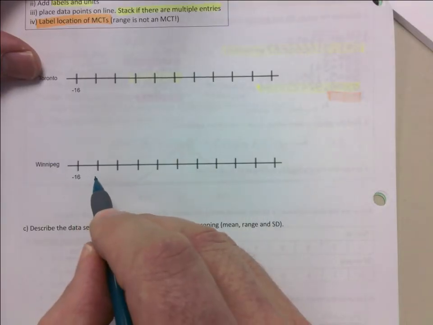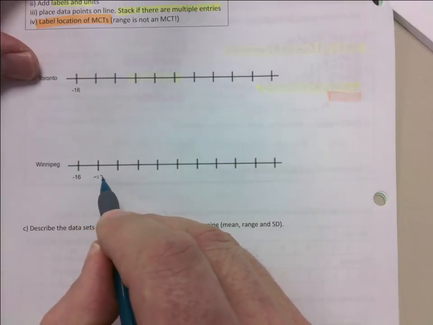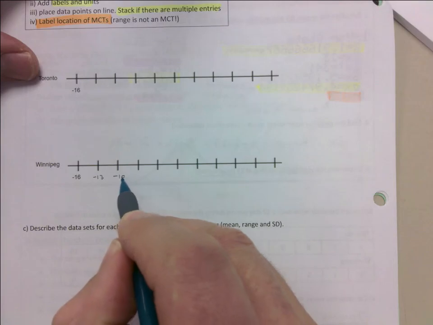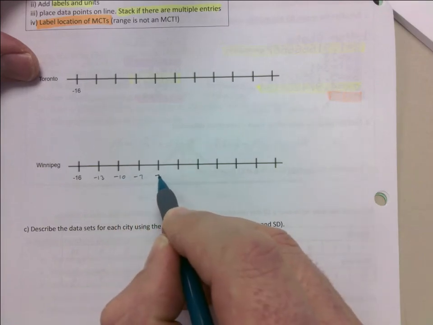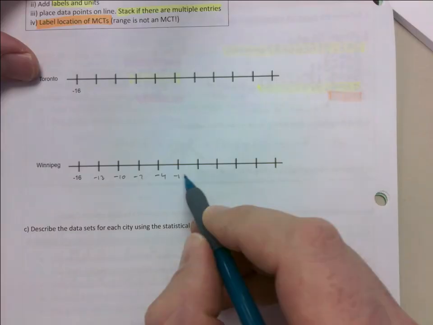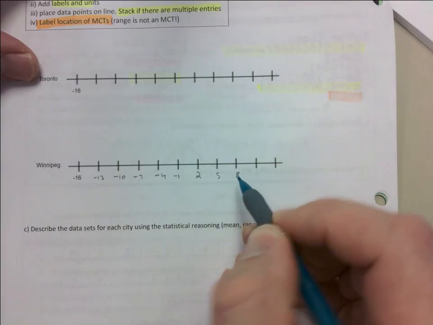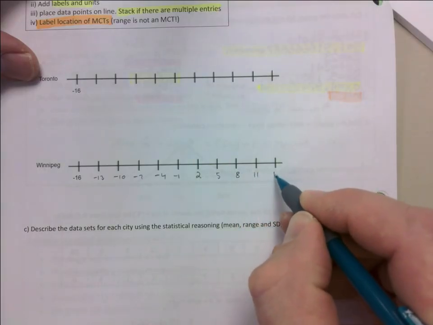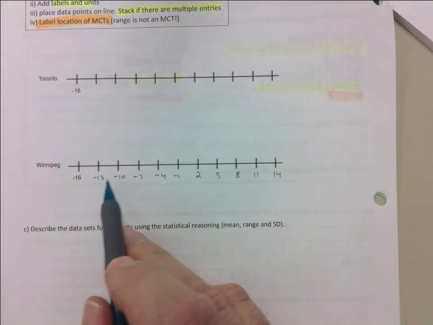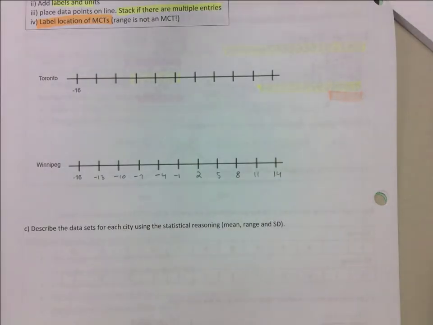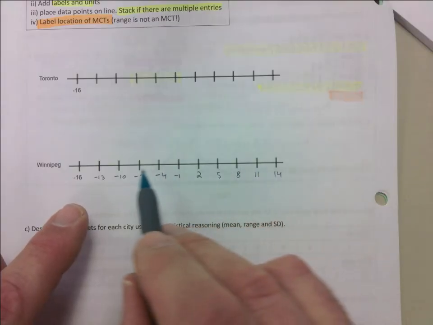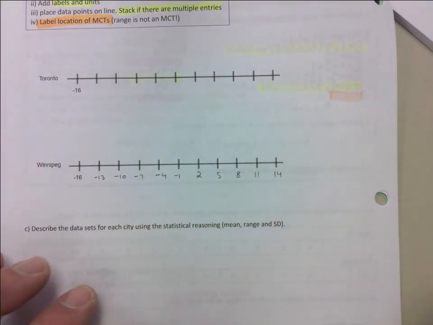I'm going to say, I'm going to go up by 3, let's say. So it's negative 13, negative 10, negative 7, negative 4, negative 1, 2, 5, 8, 11, 14. Mr. Erickson, could I have gone up by 5s? Yes, you can, but you don't want to go up by too much at a time because you want to make sure you're able to fit your point in there, okay?